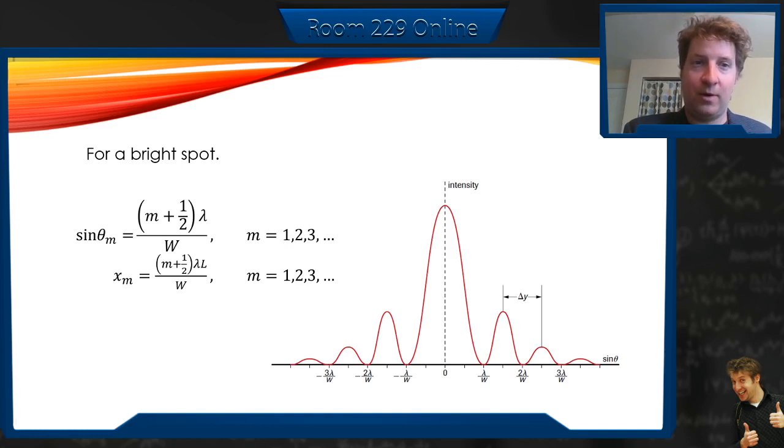And again, if it says, maybe, the third order bright spot, there would be the central maximum, and then this would be the first order bright fringe, and this would be the second order bright fringe. So if it asks us for that, we just have to count, right? So it'd be 1, 2 and a half. So that'd be 2 and a half. So m in that case would be 2. Right? So subtle differences between the two equations that you have to be careful of.